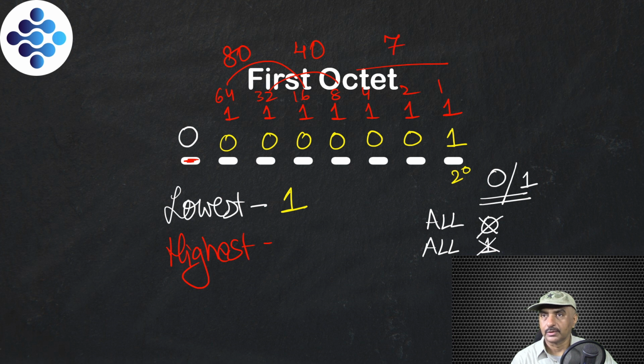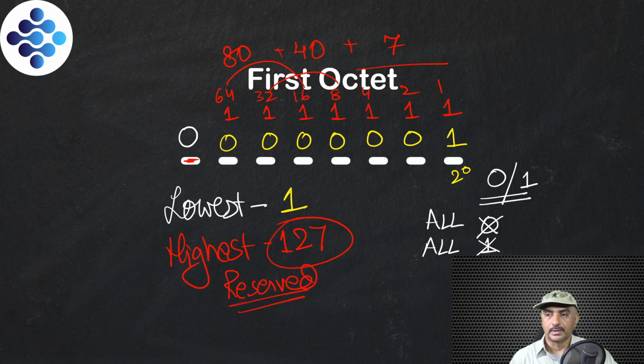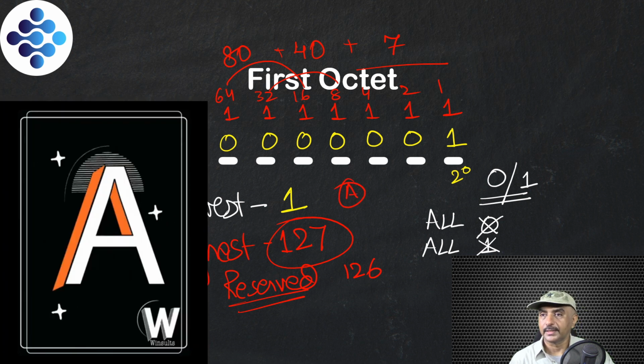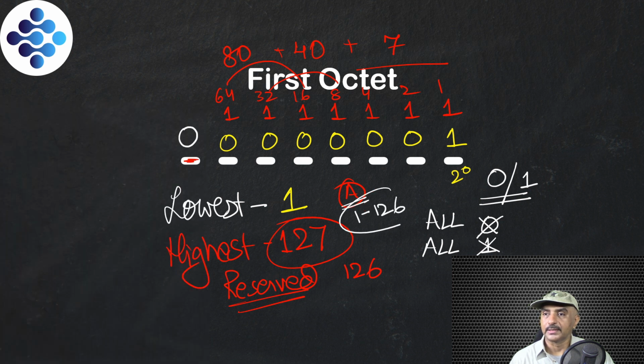This is 7. So total becomes 127. Now this 127 number is a special number which has been reserved. So we use 126. And this is nothing but class A, where the range is from 1 to 126. So remember this.